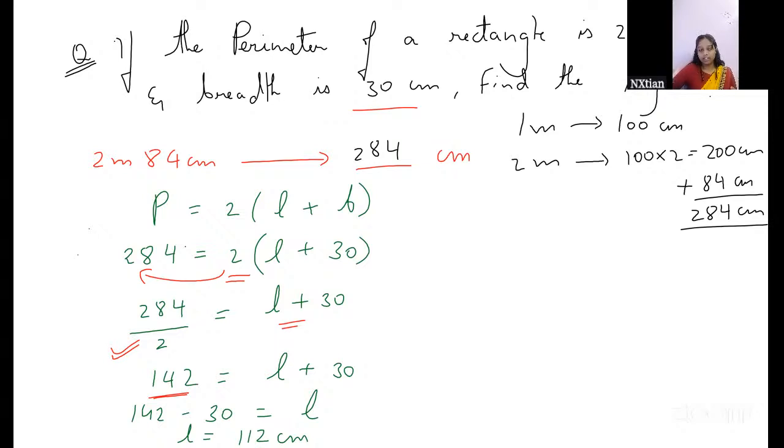So 30, I will take to the left side. Whenever you are transporting the numbers to the other side of the equals to sign, the operation changes. Here it is plus, when we take it to the left side, it will become minus 30. So we have 142 minus 30, we will get 112. Is that clear to you? Yes, ma'am. Thank you.